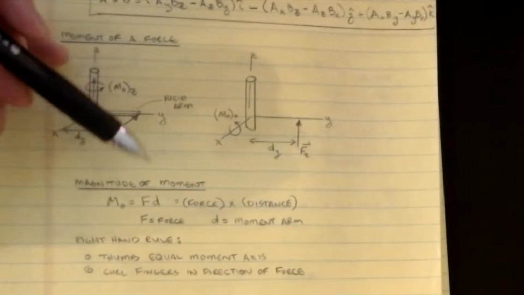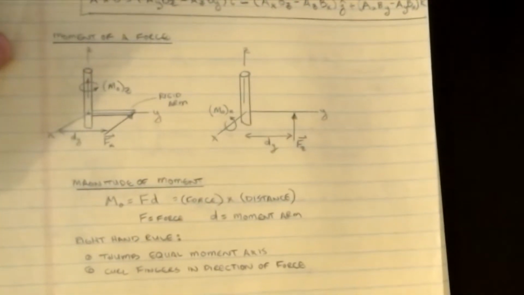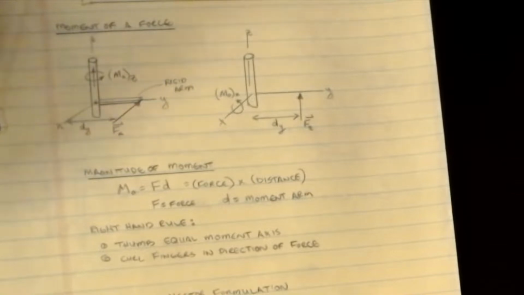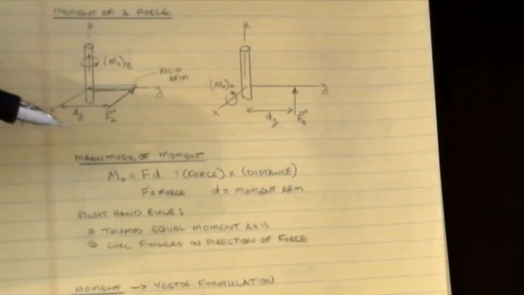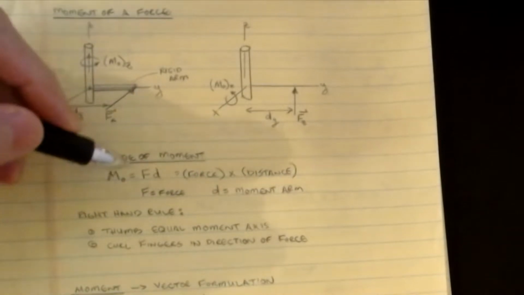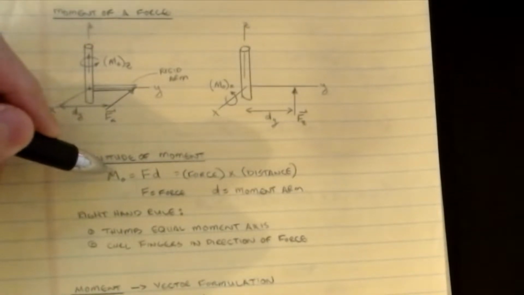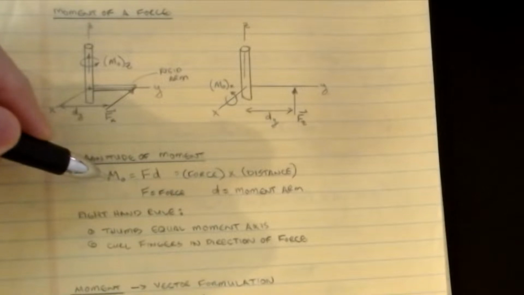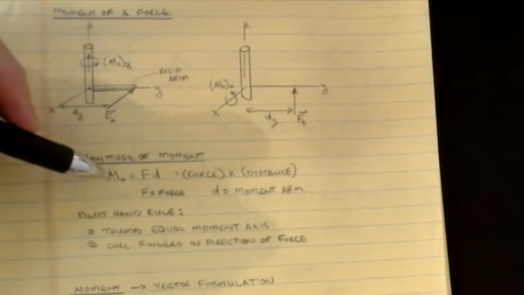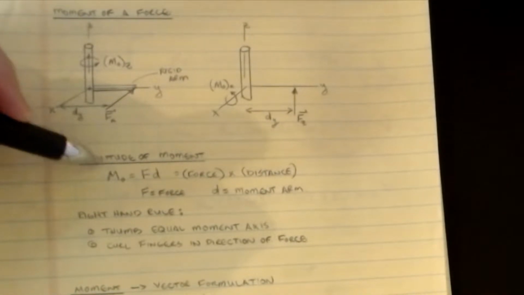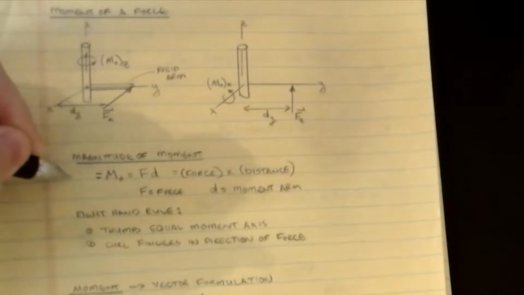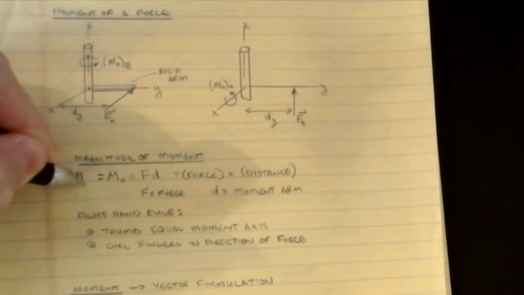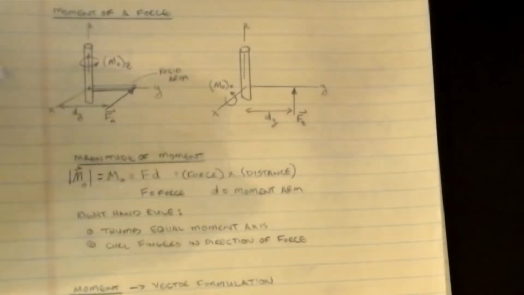All right, so the way that we're going to calculate the magnitude of a moment, there are two different formulas that you're going to see come across. The first one is for calculating the magnitude, and this may be the definition that you saw back in a basic physics class. Remember, magnitudes are scalar quantities; they are not vectors. So the magnitude of an M naught vector is the same writing.